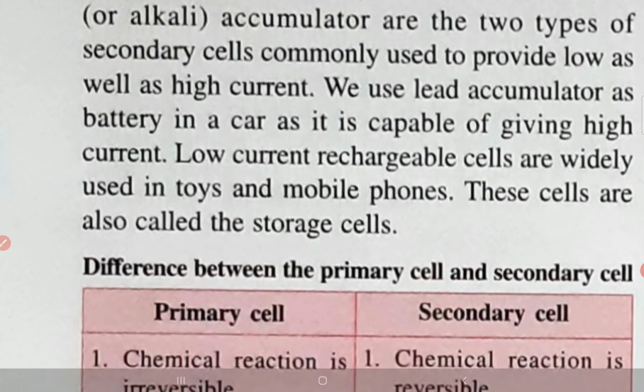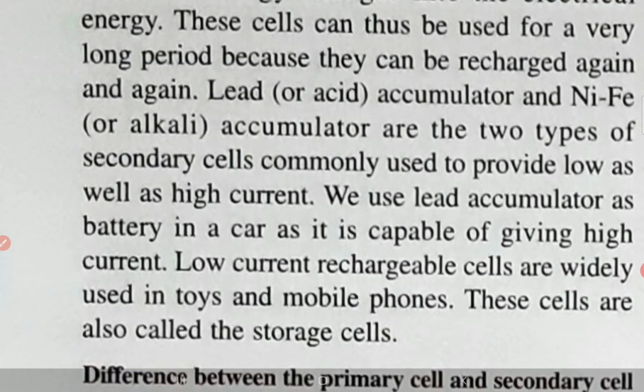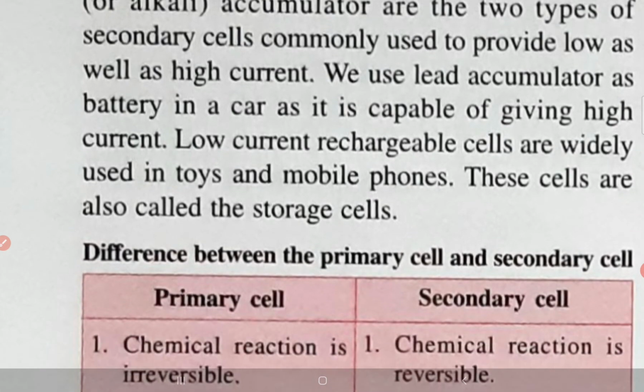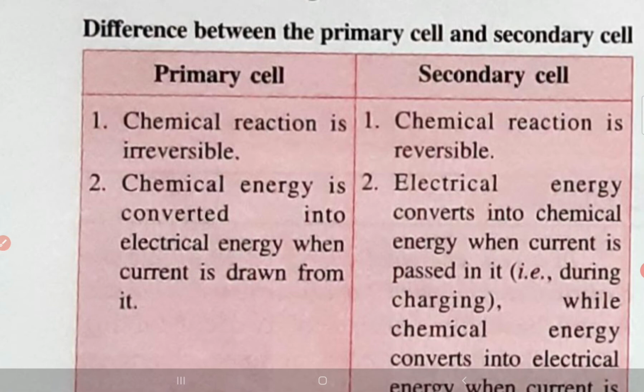Now, the difference between a primary cell and a secondary cell. I hope secondary cells and primary cells are clear. Primary cells are those which cannot be recharged, whereas secondary cells are those which can be recharged, like your mobile phone batteries. Difference number 1: in a primary cell, the chemical reaction is irreversible, that's why it cannot be recharged.